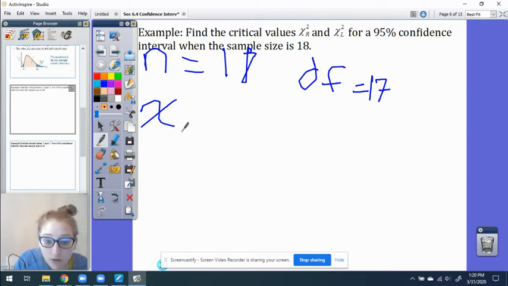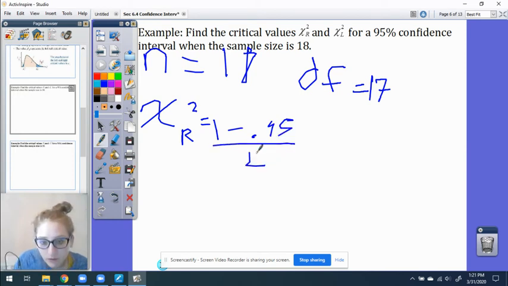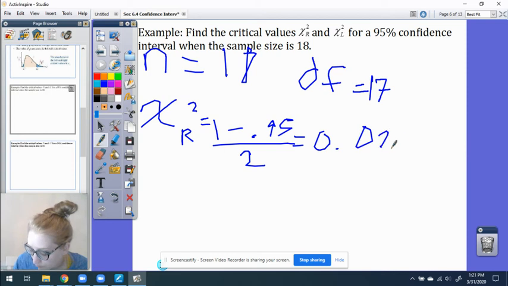So the right value equals 1 minus 0.95 divided by 2. That is a 2. This is a 9. To make it a little bit bigger. Okay. And if I do that, I am going to get 0.025.